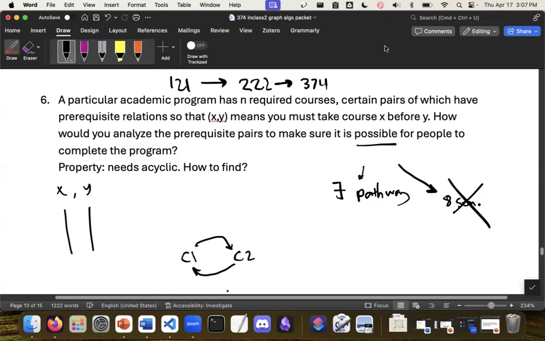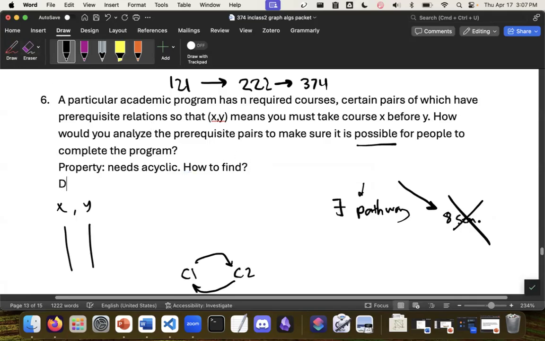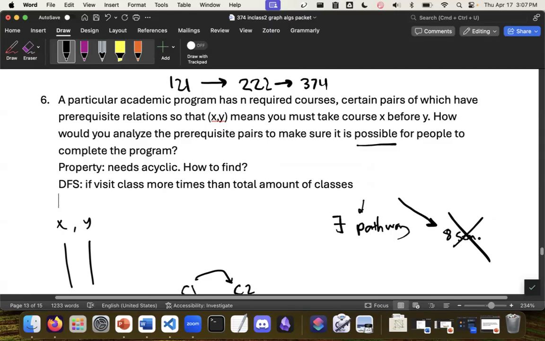Is it a class more times than the total amount of classes? Then we know the possibility. Okay, tell me the condition again. Yeah, so maybe more of like topological ordering.